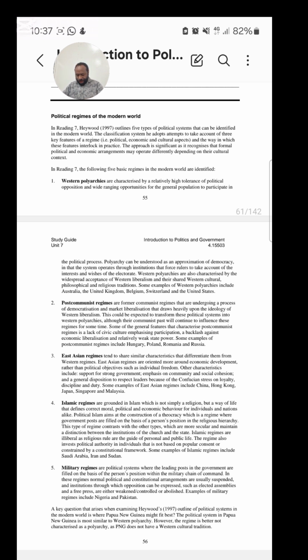Now there are, let me see, how many types of political systems are mentioned here. There are about 5 types, okay?